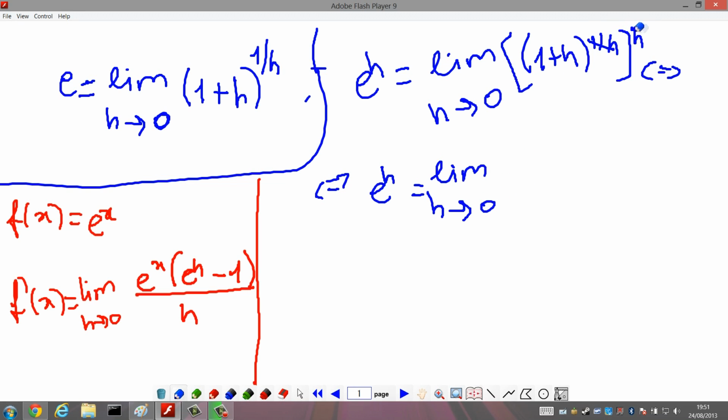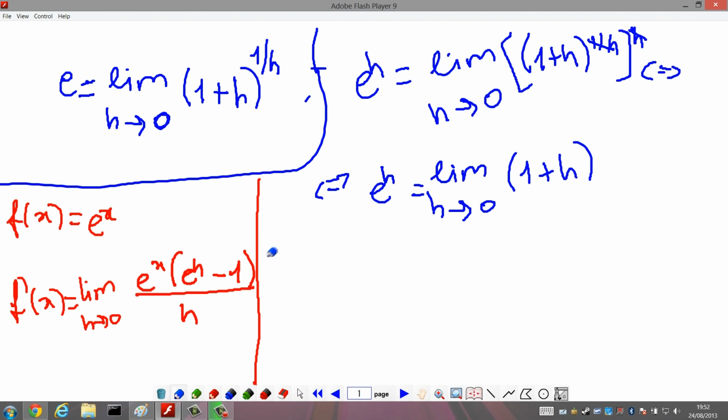So this cuts with that, because 1 over h times h equals 1. Also, there's a demonstration why you can do this when it's in parentheses, but that's basic math. And we end up with 1 plus h here.